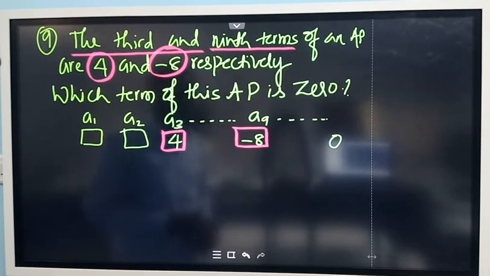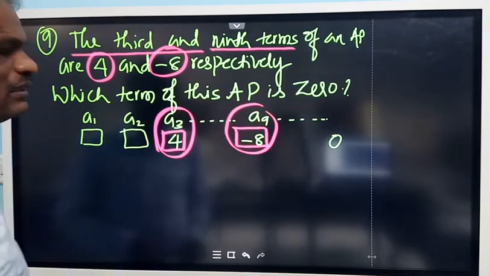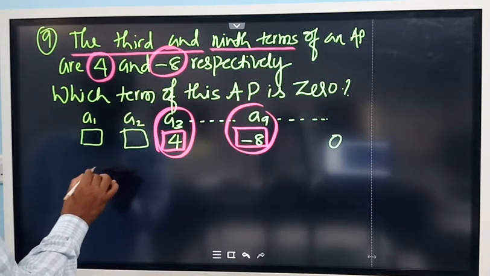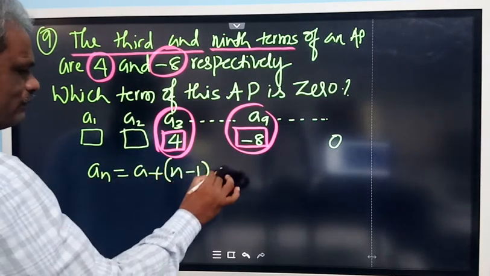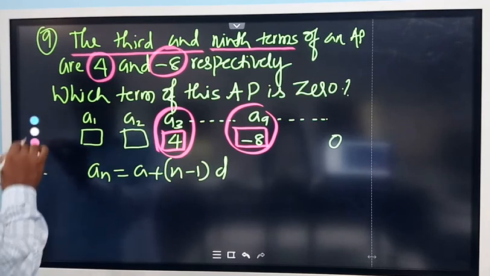Now use these two data, A3 and A9, and we get two linear equations. The formula is An is equal to A plus n minus 1 into D. Let us substitute the values here.